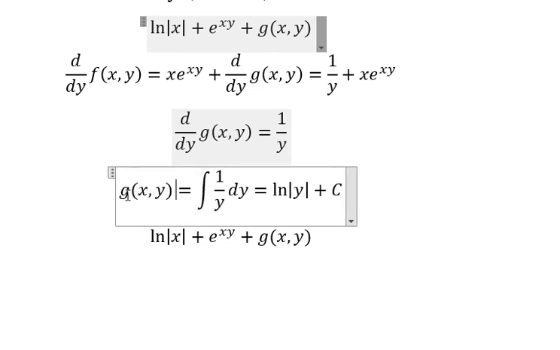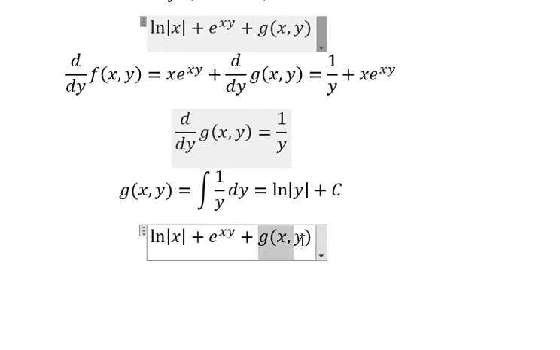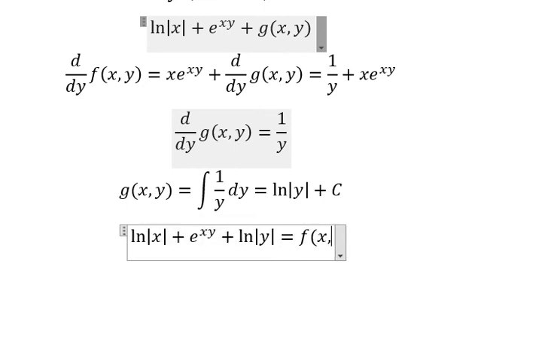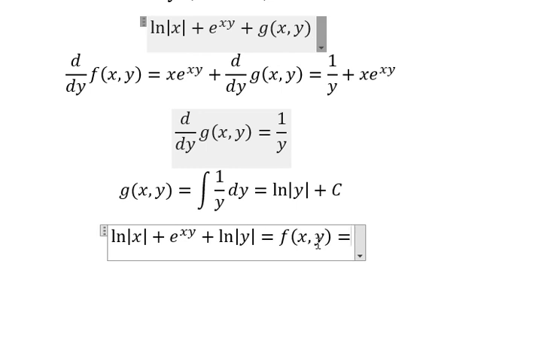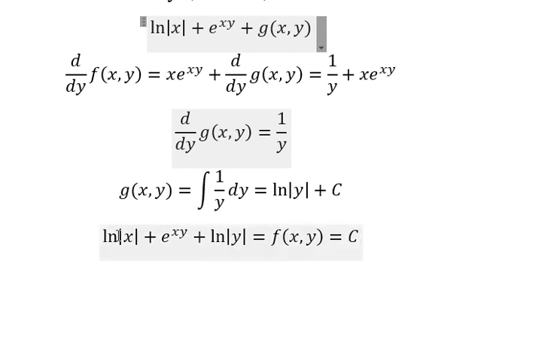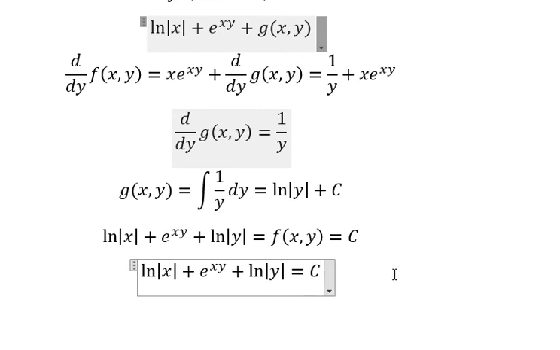So we change 3sy into ln of the absolute value of y. And we know that everything in here equals to f(s,y). f(s,y) equal to c. And now we just simplify like this.